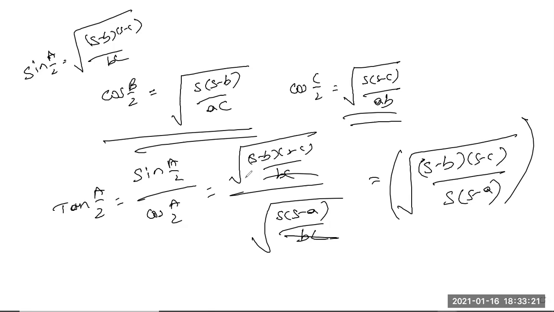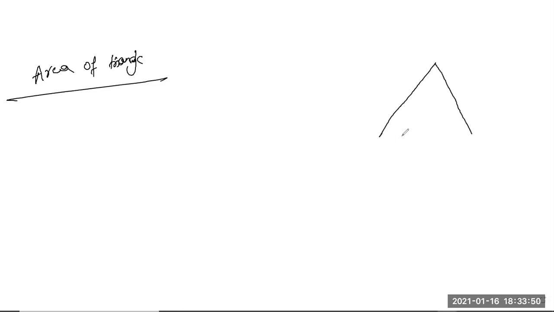Now, what is the area of a triangle? How to find the area of a triangle? There are many formulas for the area of a triangle. We will come to that.